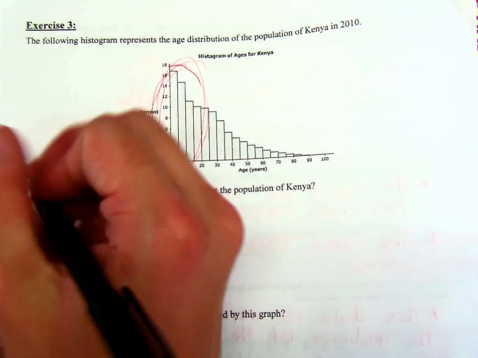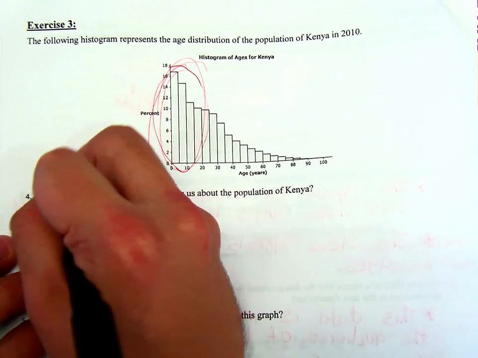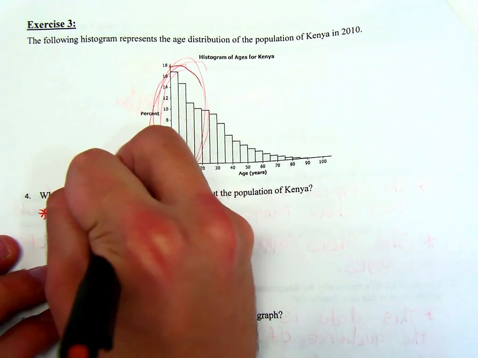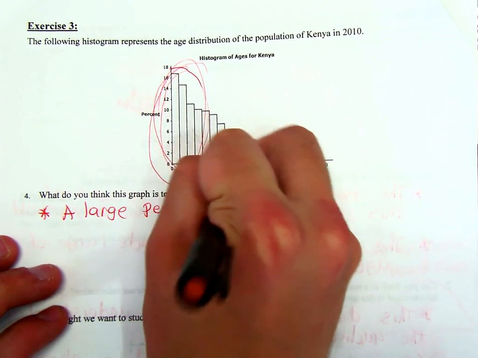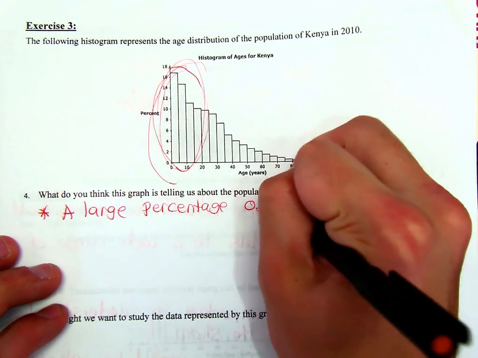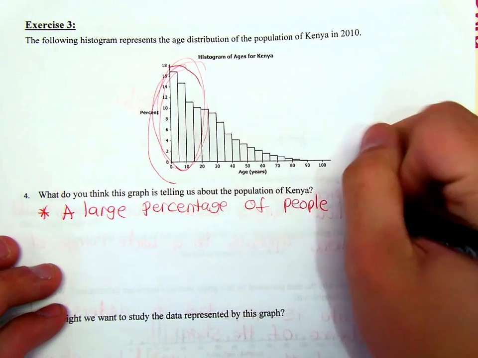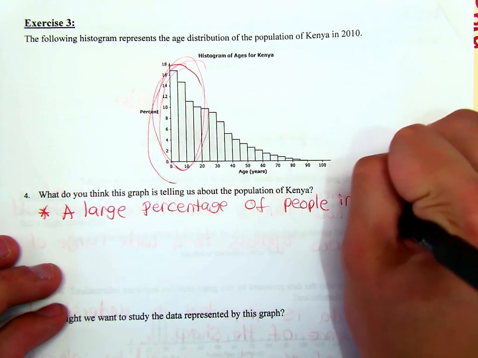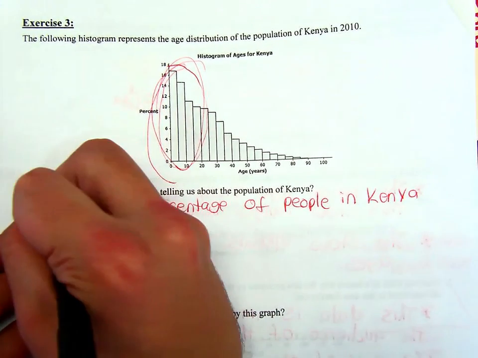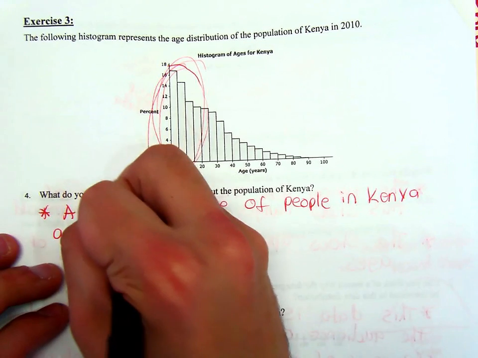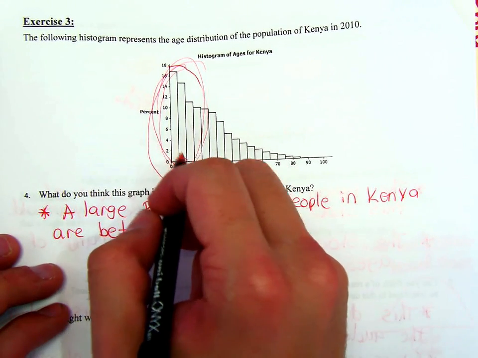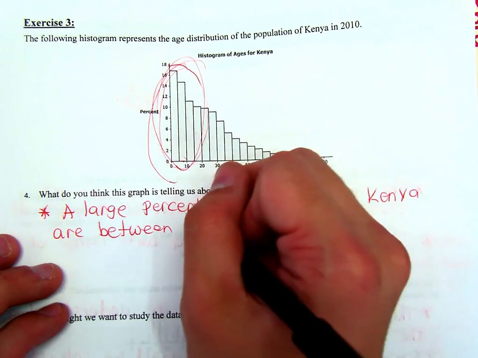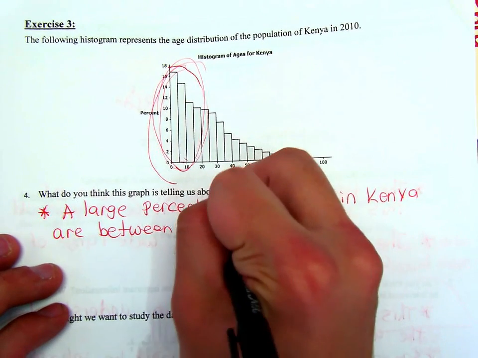So we could say a large percentage of people in Kenya are between probably the ages of 0 and 10. That's where most of our data is, the highest percentage, between 0 and 10 years old.